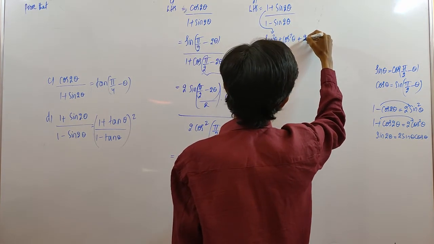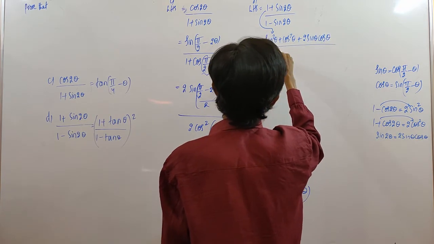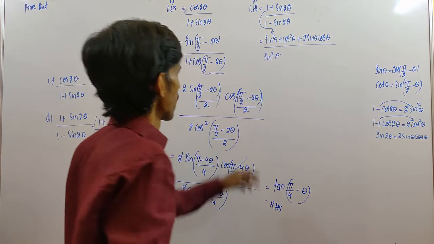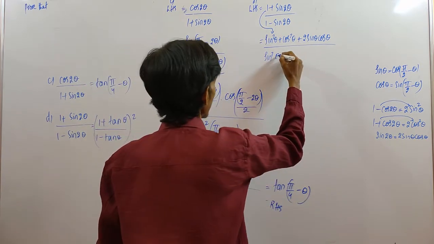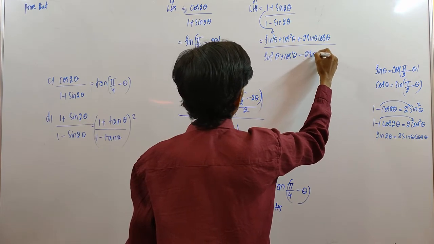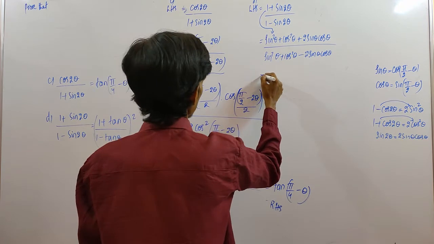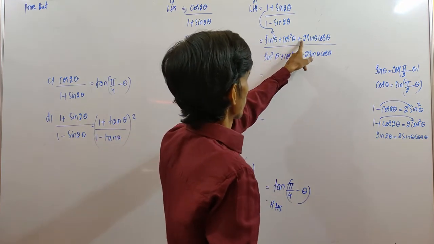This sine 2 theta can be written as 2 sine theta cos theta. Divided by, this value of 1 is sine square theta plus cos square theta minus 2 sine theta cos theta. Now this can be written as a square plus b square plus 2ab.